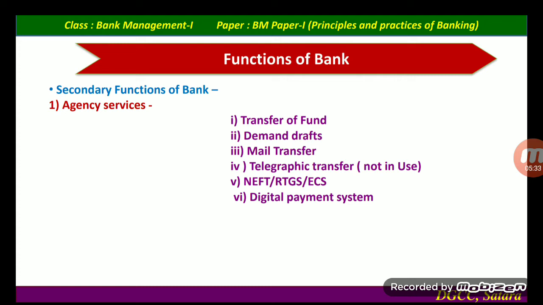On the demand draft, the name of the particular person who is going to receive the payment is mentioned. So that is demand draft. Third is mail transfer. It is another widely used way of transferring fund from one place to another.